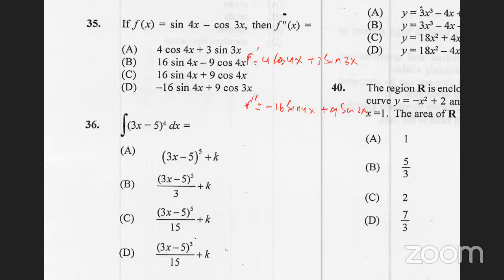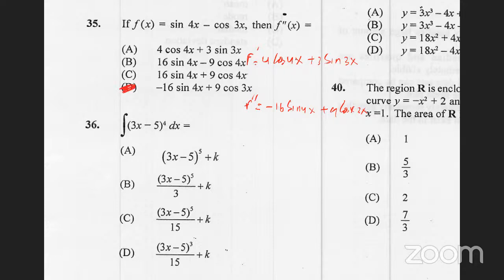Wait, that is why I have sine here. Hold on. That's not right. The differential of cos is minus sine. Oh, I wrote the wrong thing. The differential of sine is cos.